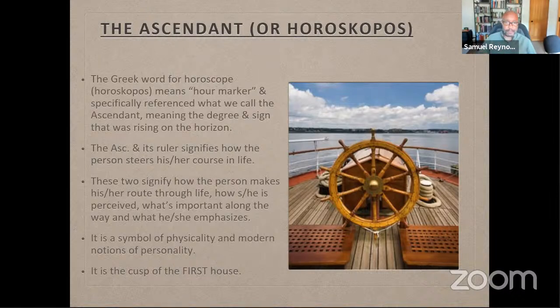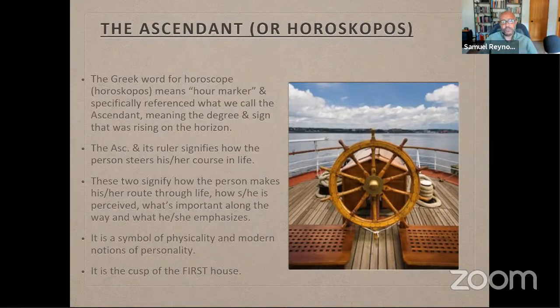the first angle. The ascendant and its ruler signifies how the person steers his or her course in life. That's why I have this image here, because that was the classic Greek image given to the horoscopos, like how you are making your turns in life.